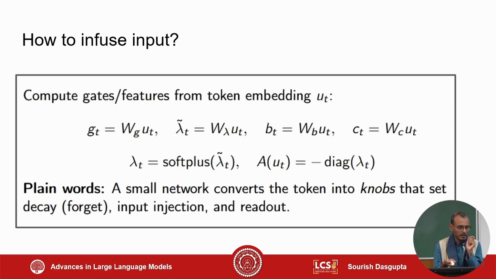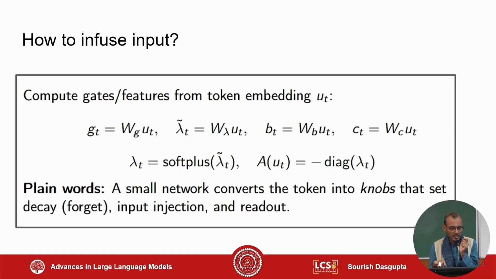Okay, so basically gates. How do you infuse your input? There is a WG which creates the gate GT, right? And then you have your lambda tilde T, which is basically W lambda multiplied by UT. So it's a transformed version, a lambda gate.